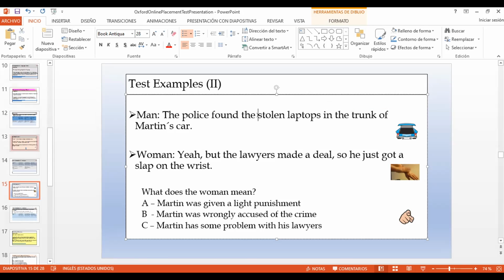The verb stolen is used as an adjective, but it's the past participle of which verb? Steal, yes, steal is the verb.